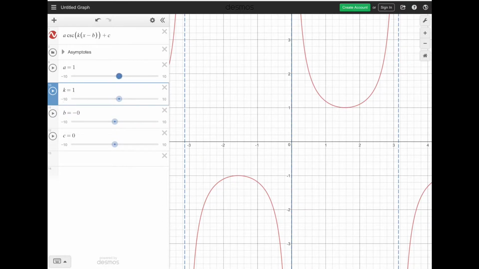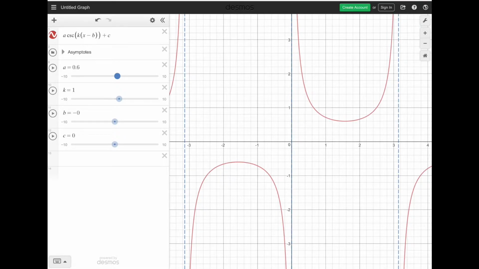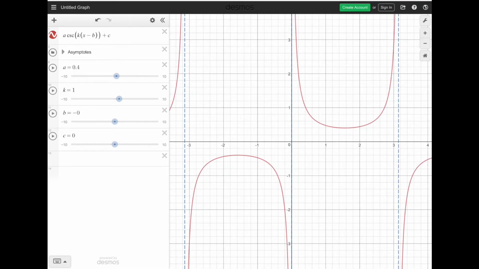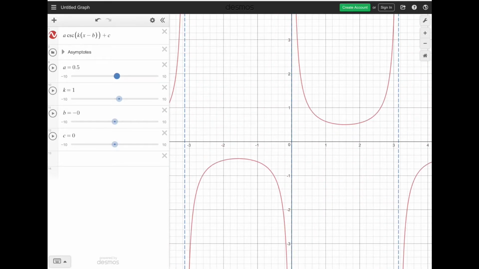So as a gets larger, the function kind of pulls away from the x-axis, and similarly, as a gets smaller, it gets really close to the x-axis. Of course, if a goes negative, it'll flip over the x-axis and then pull away. So you can see that.